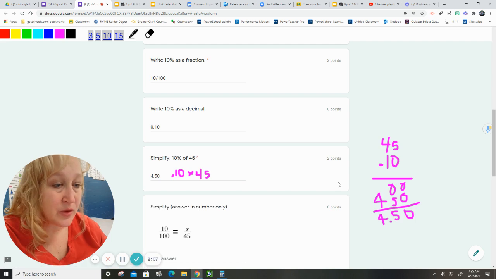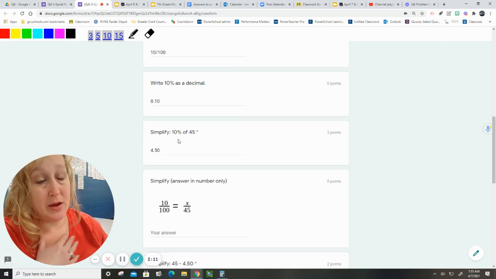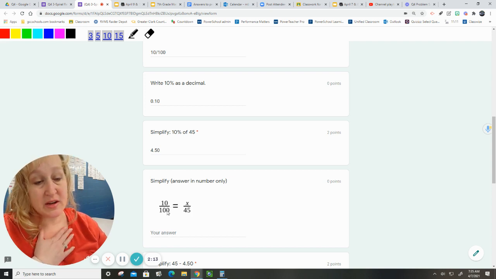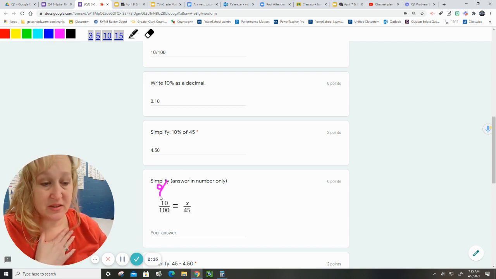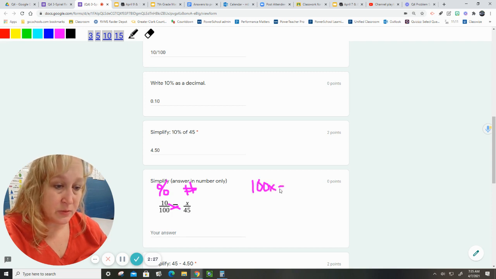And then the other way that you could do that, if you did not choose to use the, in my opinion, simpler way, you could set it up as a proportion with your percentages on this side and your numbers on this side, and then you cross multiply. So 100 times x equals 45 times 10. 100x equals 450.